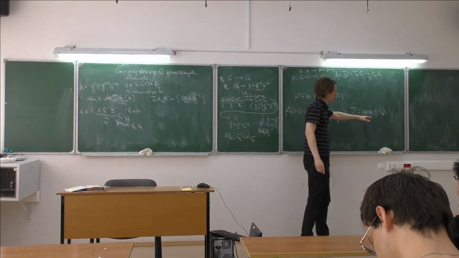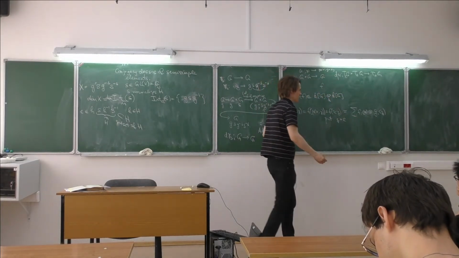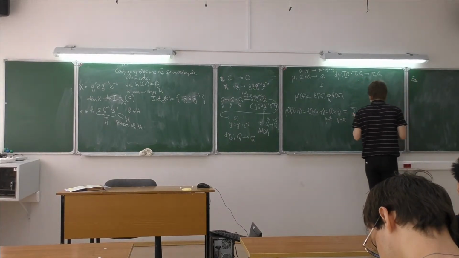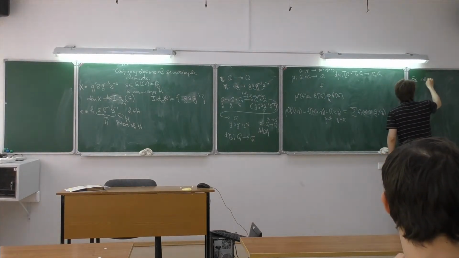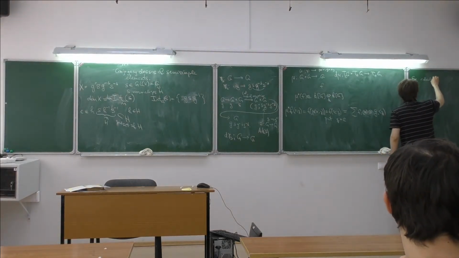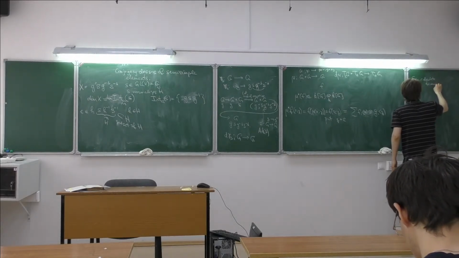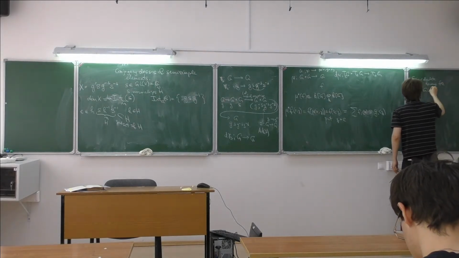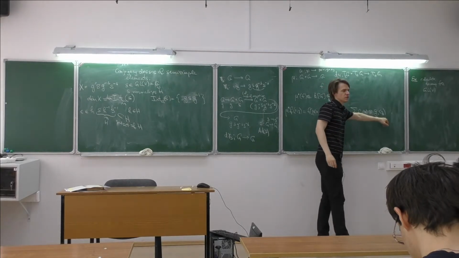So for example, let me write it as an exercise. Calculate this decomposition for GLV. So this means that x and y are matrices.